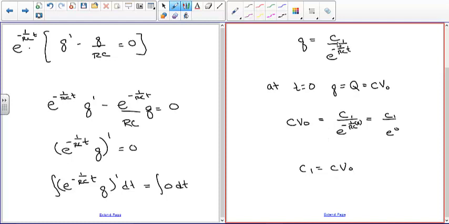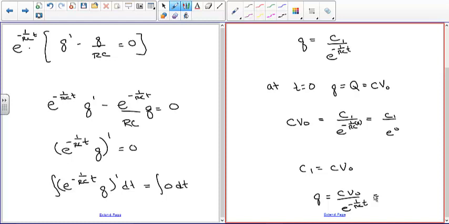So if I plug that back in here, I'll get Q is equal to C1, which is the capacitance times the initial voltage, divided by e to the minus 1 over RC t.